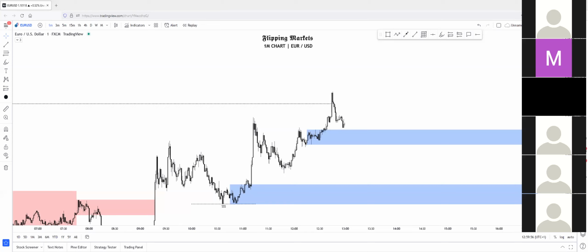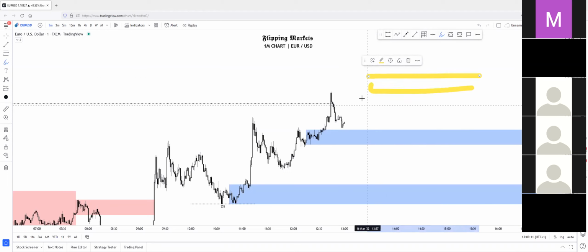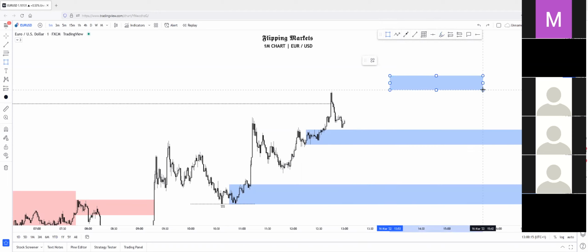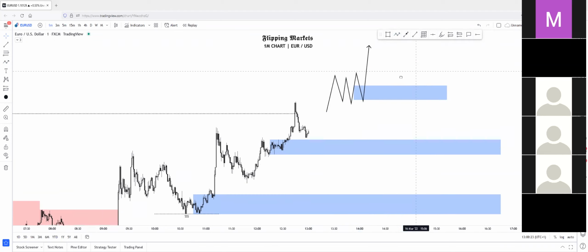How long is the zone valid, invalid after 50% mitigation? When is an opposite side zone break? Who is in control? Body or wick break? It depends on the liquidity. You have to combine this knowledge with the liquidity. If there's liquidity below the zone, for example a bunch of liquidity, a triple bottom sitting below this zone, and from this movement price is creating a displacement movement.